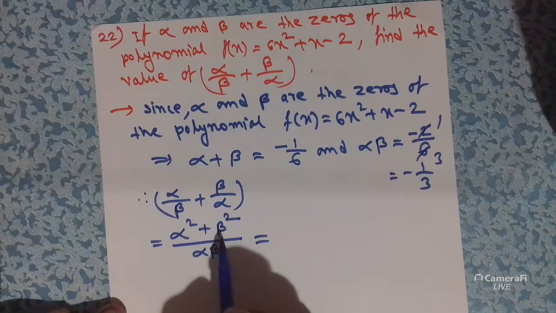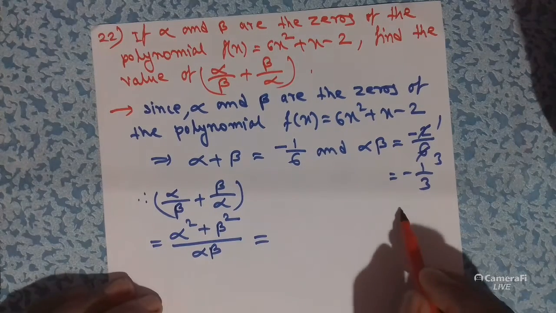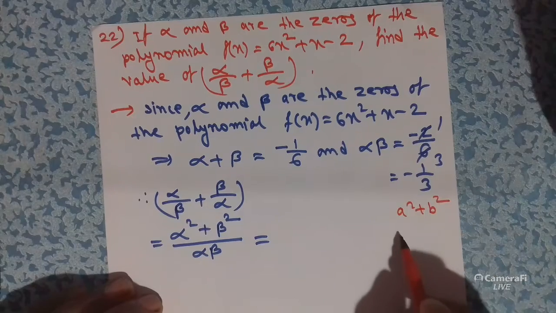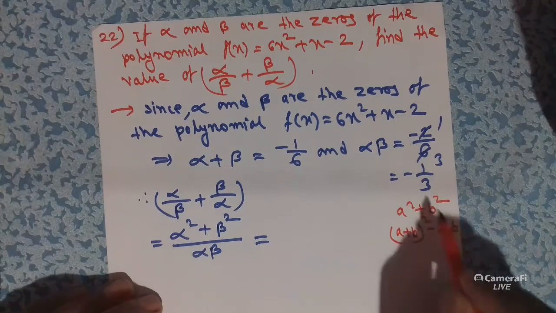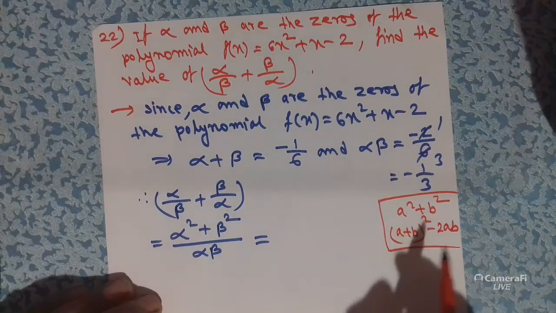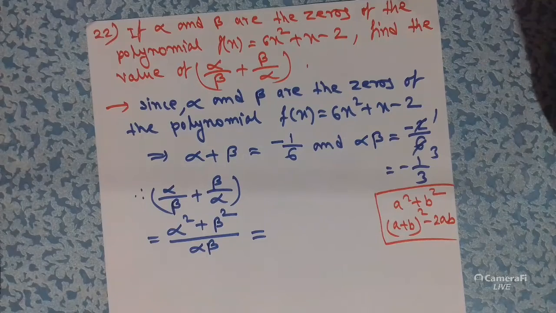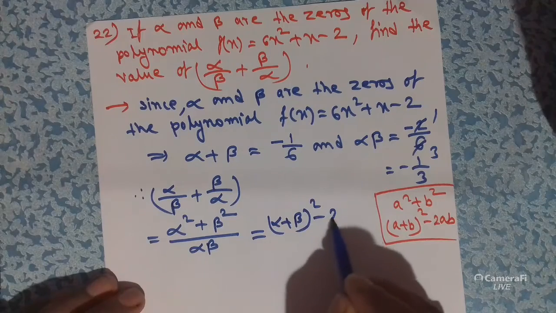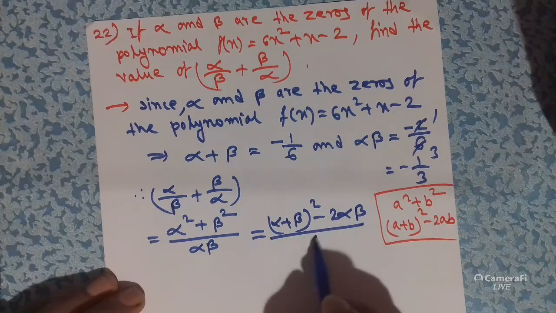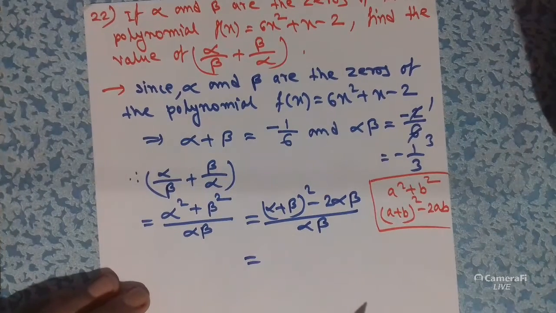Here we have to use the formula of a square plus b square. What is the formula? a square plus b square is a plus b whole square minus 2ab. So alpha square plus beta square means alpha plus beta whole square minus 2 alpha beta, and the denominator is also alpha beta.